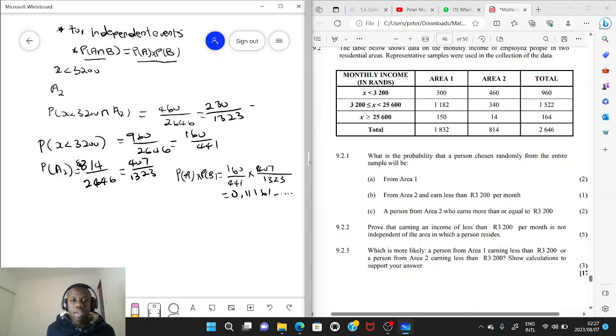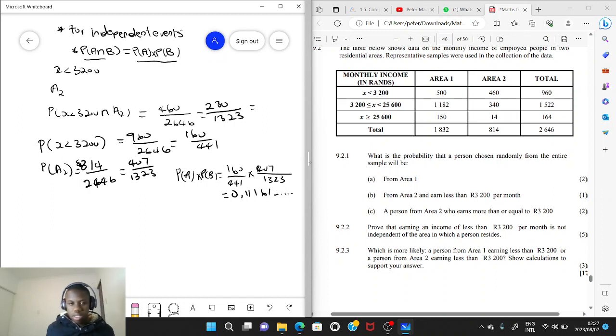And then let's round off this one, right? What is 230 over 1323? That's 460 over 2646.